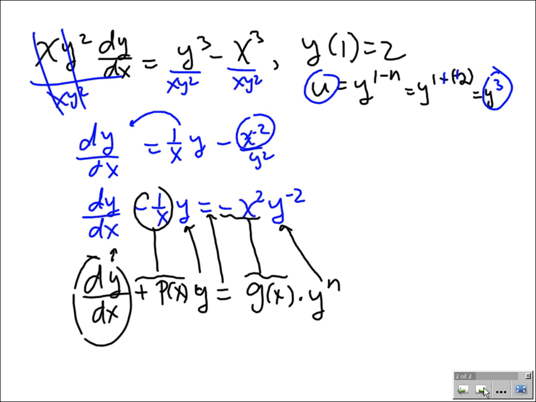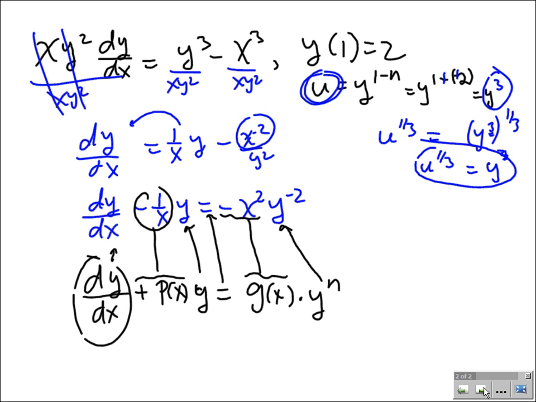Now if you like, you can raise y cubed to the third power, and when you multiply 3 times the third, you get 1, y to the 1, or just y. And you do the same to the left side. You raise it to the third. So y is u to the third. Whatever you prefer.